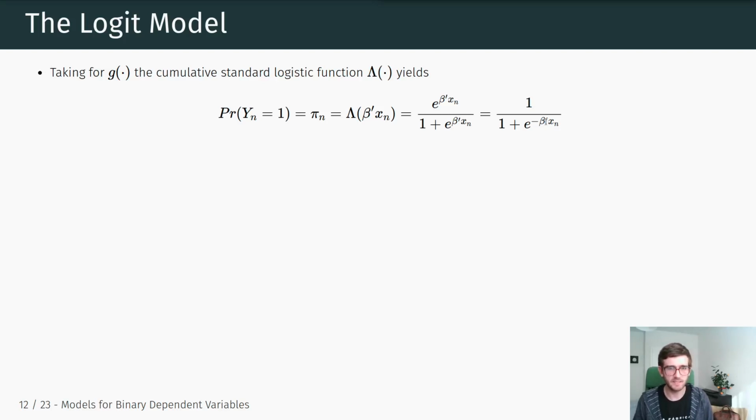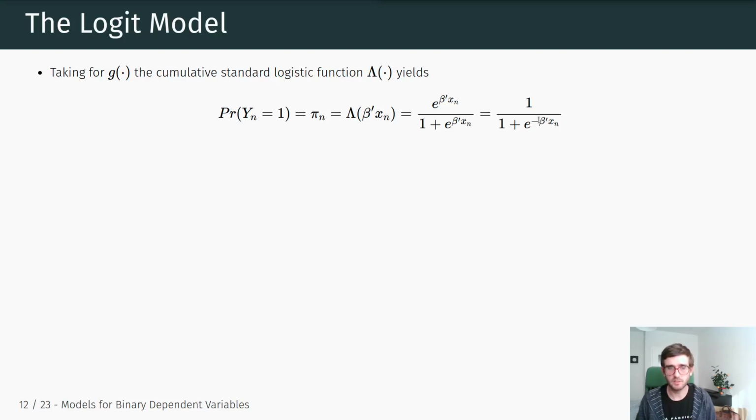The property is that we can plug in any number for beta prime xn from minus infinity to plus infinity, and this will always be mapped into the range from 0 to 1. If beta prime xn is very, very small, then this overall term approaches 0. And if beta prime xn is very, very large, then the function approaches 1.